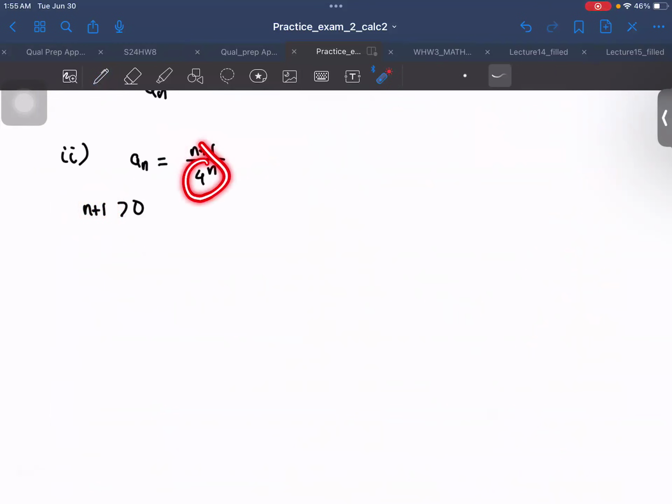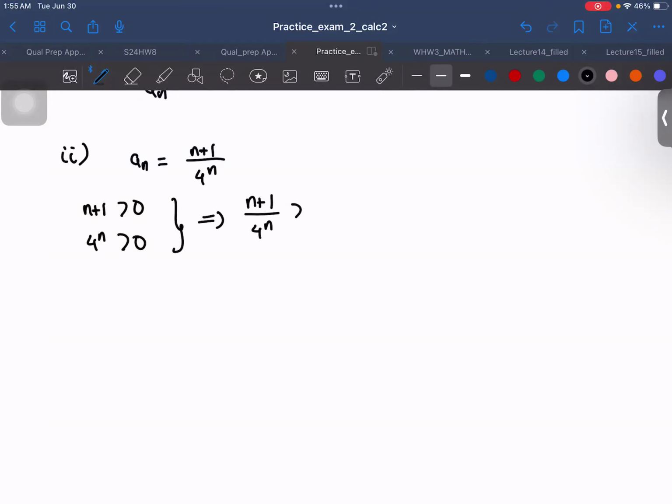The same for 4 to the n: it is an exponential function, so it's only positive. Therefore, if you take the quotient between two positive numbers, you should have a positive number. So your sequence is bounded from below by 0.